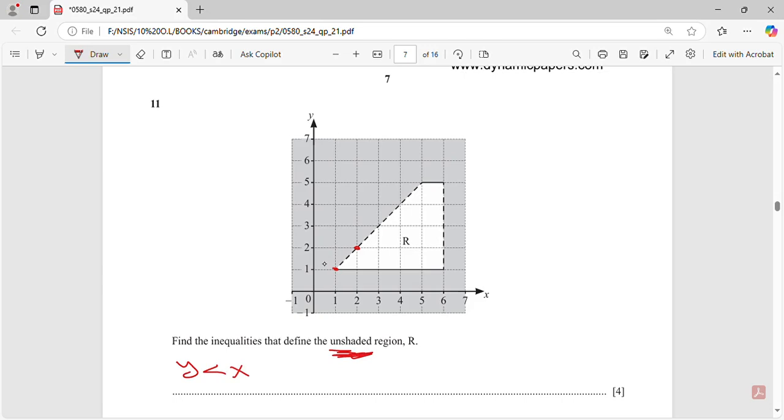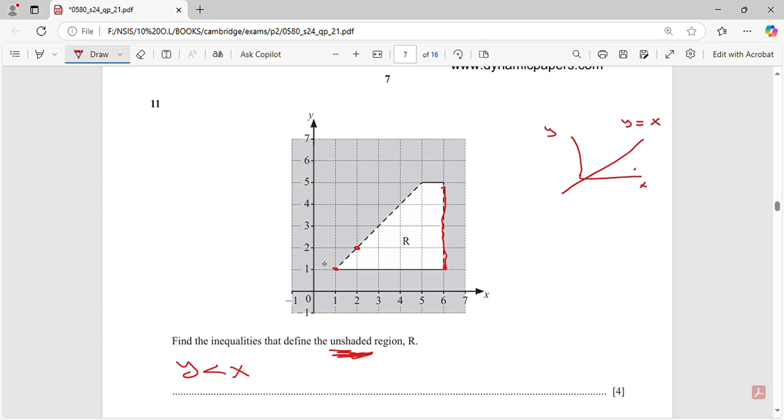Okay, now for this line, y equals x is an equation, it's a line, but y smaller than x defines the exact region. If he chose y equals x, it would be only the line. This is x, this is y, this is y equals x.